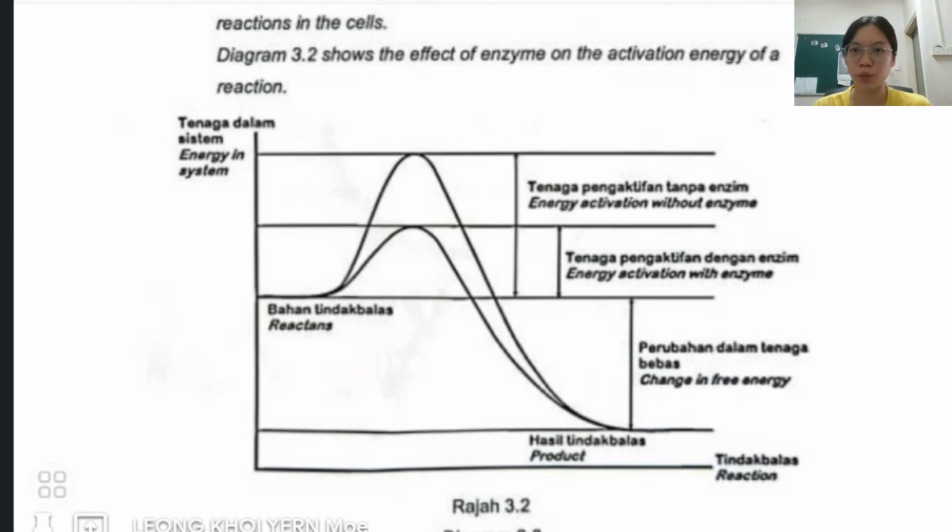Let's say you eat something but you don't have an enzyme. So let's say you eat a piece of bread and then the starch will be broken down into maltose.